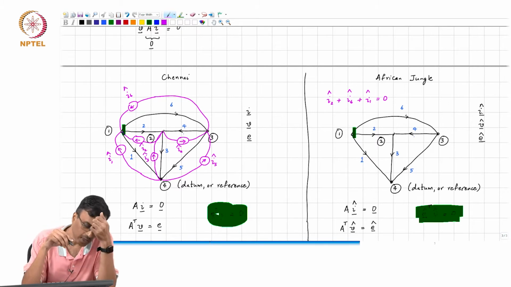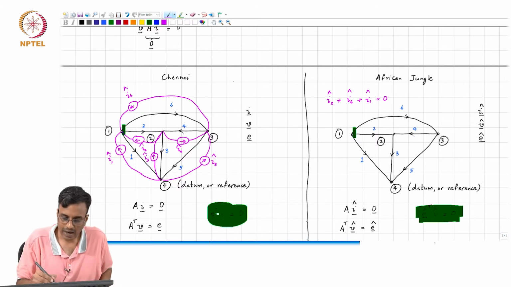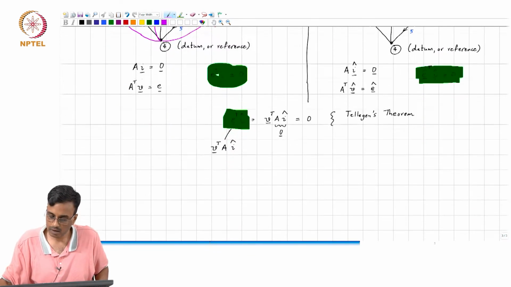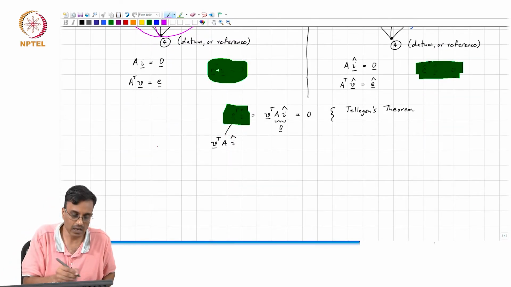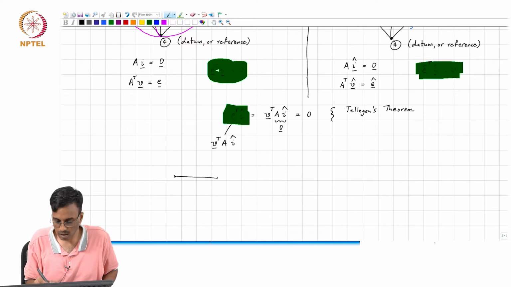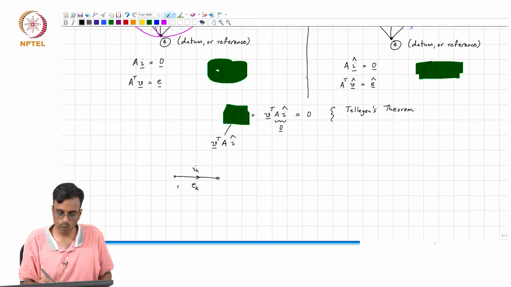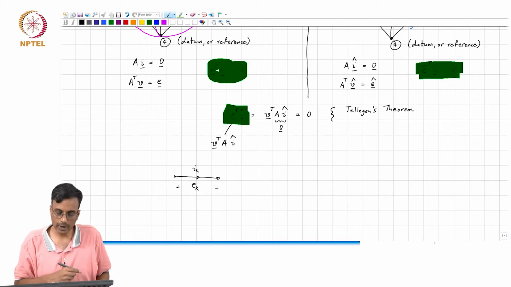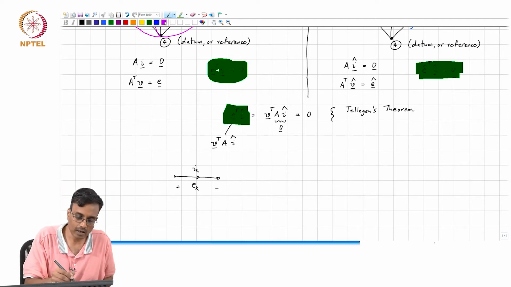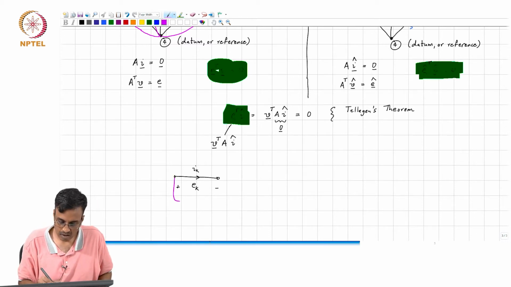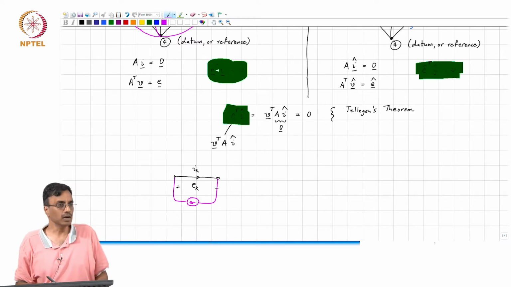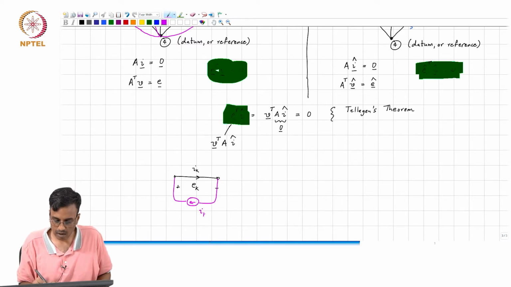In other words, in the original network, if there was a branch, let us call this Ek, where Ik is the current and Ek is the voltage. What we have done, in effect, is put in parallel with every branch Ik hat.